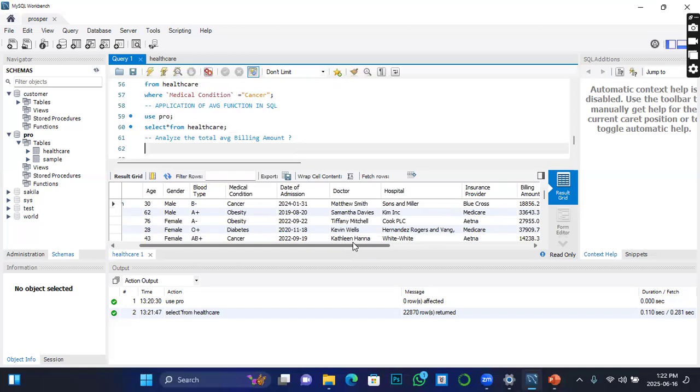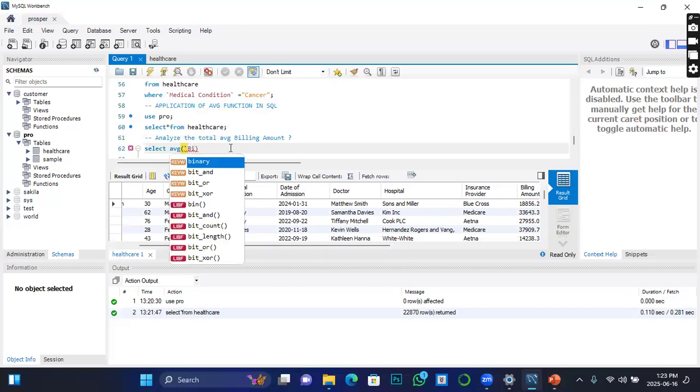Now the syntax will be select the function, which is AVG. You can pick it from here. Now specify billing amount.